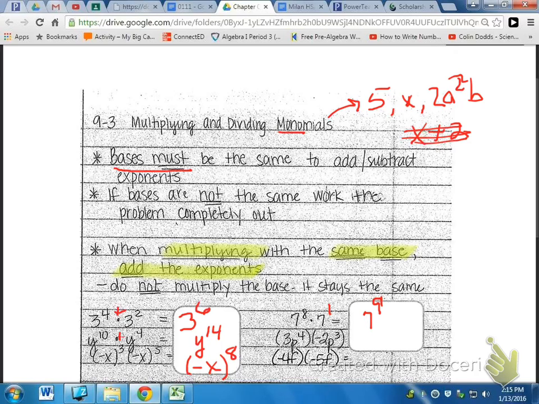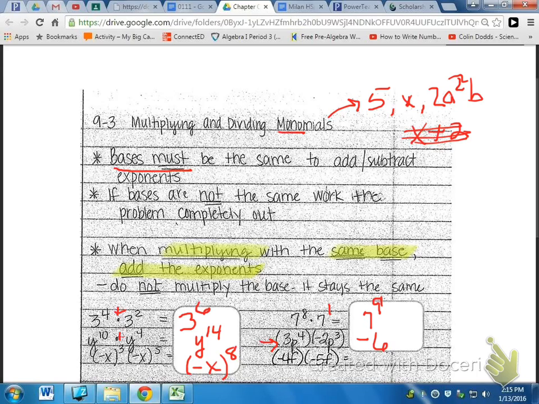Now let's get to some where everything isn't the same. 3p to the 4th times negative 2p to the 3rd. Well, the 3 and the negative 2 definitely are not the same, so we're going to do that operation just like it says. You take 3 times negative 2, which would be negative 6.